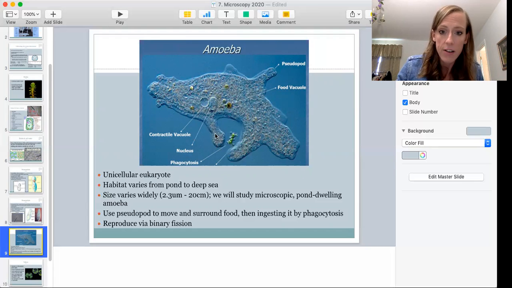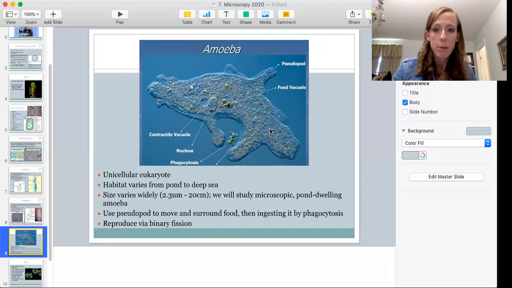Here we have just shown the pseudopods have extended from the body, and they are in the process of surrounding this little food particle, which the amoeba is about to surround and digest by phagocytosis in order to absorb the contents for its nutrition.